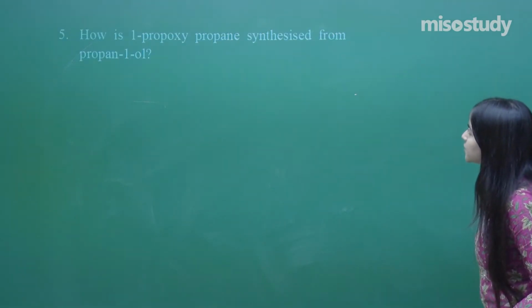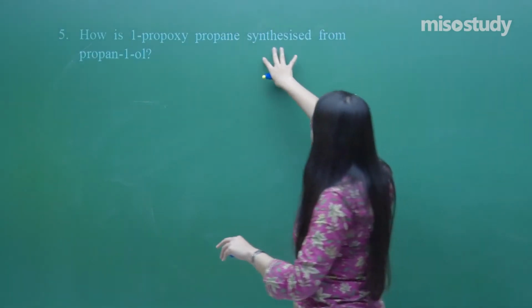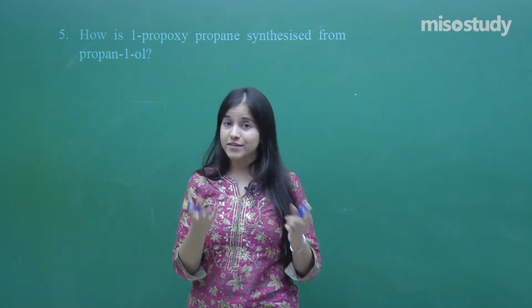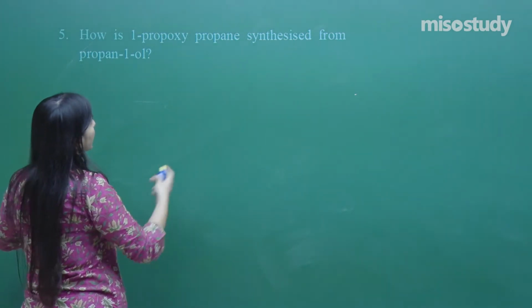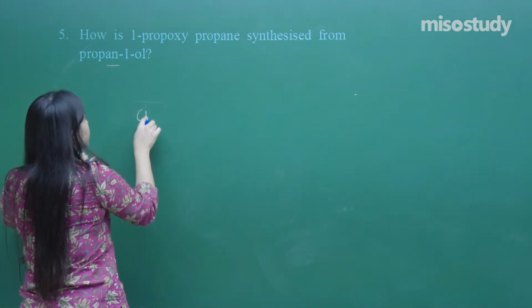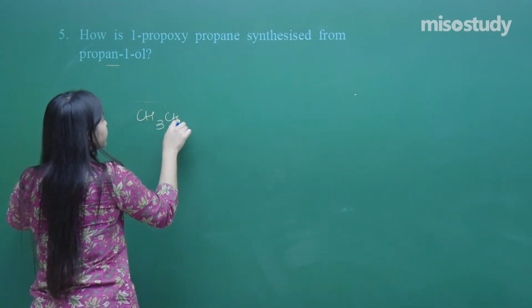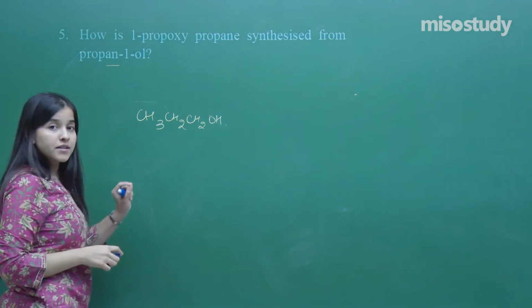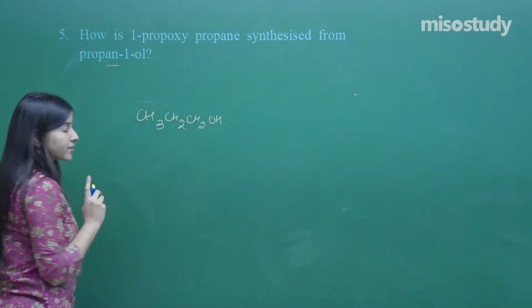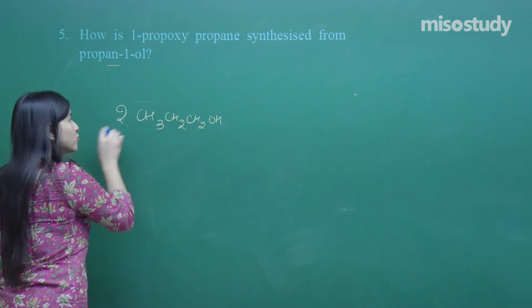Let's move on further. So, 1-propoxypropane synthesized from propan-1-ol, a similar kind of reaction. So, what should I do? Take up the alcohol which they have given, propan-1-ol, and always try to remember: I need to take 2 moles.